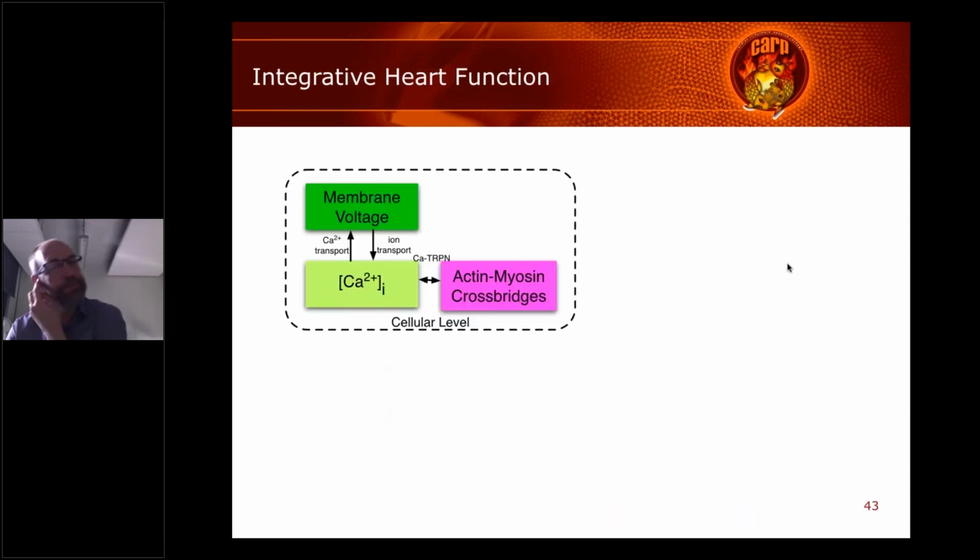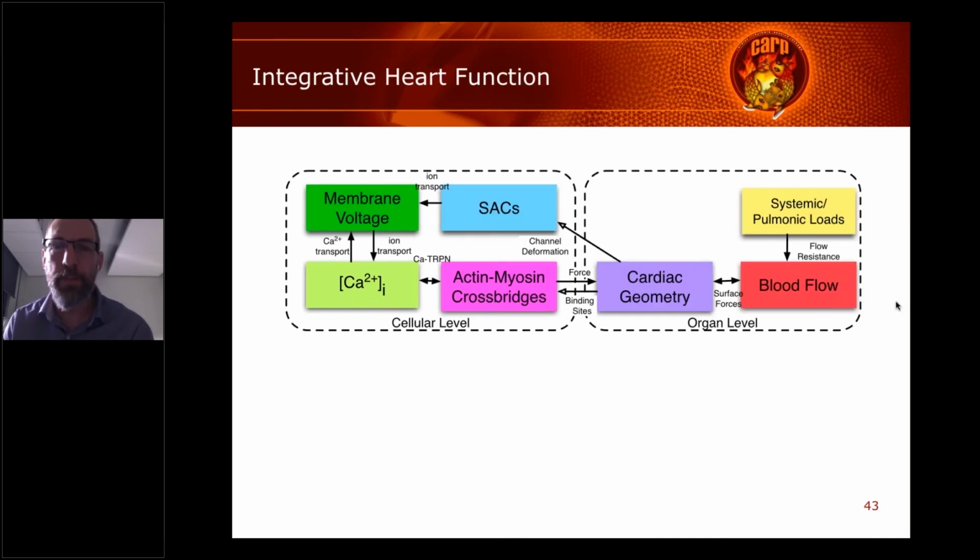So finally, just some thoughts: there's so much more to electrophysiology that we still have to do. If you look at integrative heart function, membrane voltage changes calcium, which changes the strength of contraction. The strength of contraction deforms our cardiac geometry, which then opens up stretch-activated channels, which change the membrane voltage, and causes blood flow. Blood flow depends upon your systemic and pulmonic loads, which changes how your heart deforms.